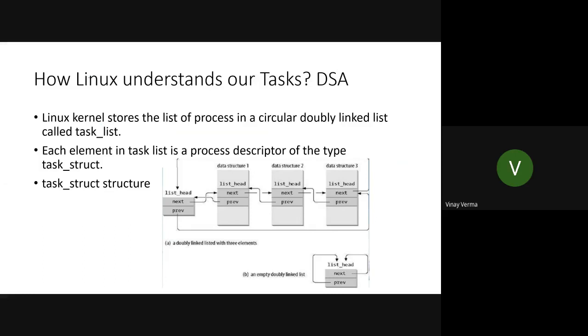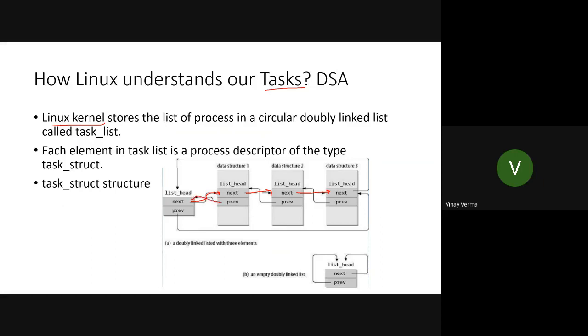So Linux kernel, how it understands our task. So we want a task to be executed and how will it execute that. The Linux kernel stores the list of processes in a circular doubly linked list. So take it as a linked list. The first task that is running will contain the next address, and the next one will contain the other next, and the next one will contain another next.